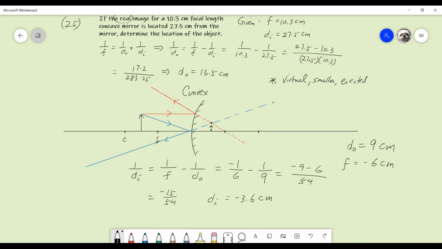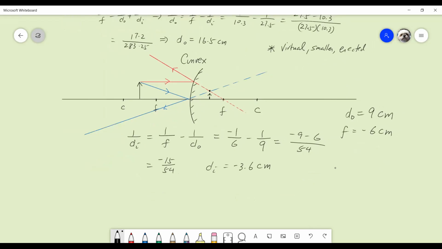Now remember that my focal point is 6 centimeters. So if this is a negative 3.6, here is 6, right? Then I can do the magnification too.